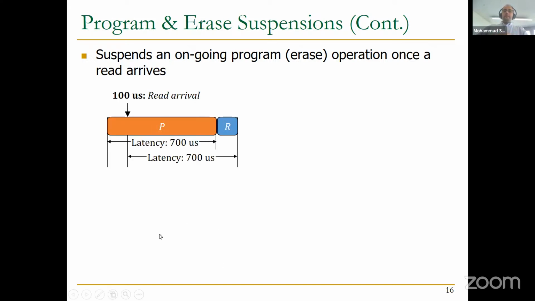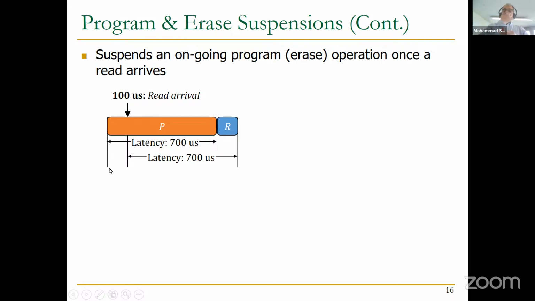Let's see with this figure how it can help. You have an ongoing program operation that will take 700 microseconds. After 100 microseconds, you receive a read. Imagine that we don't have suspension, so we need to wait until this program ends, and then we start the read operation.